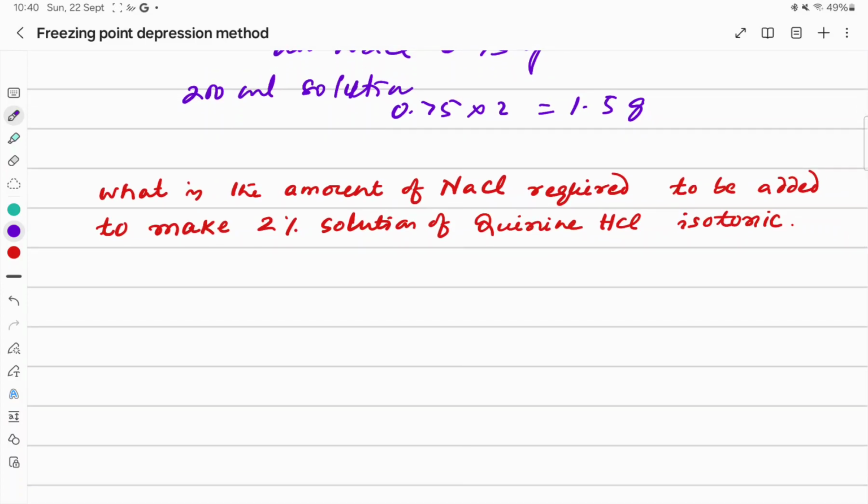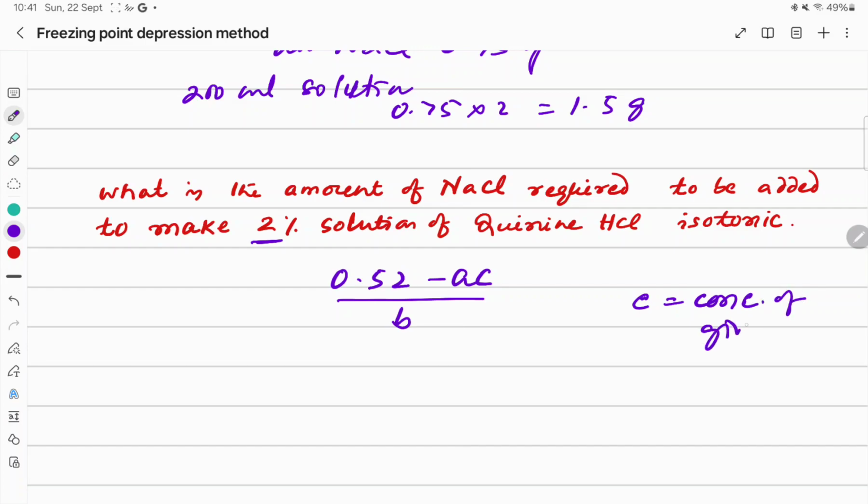What is the amount of sodium chloride required to be added to make a 2% solution of quinine hydrochloride isotonic? So the same formula, 0.52 minus A by B, but here instead of 1% it is given 2%. So we can change the formula: 0.52 minus AC by B, where C is the concentration of the given solution.